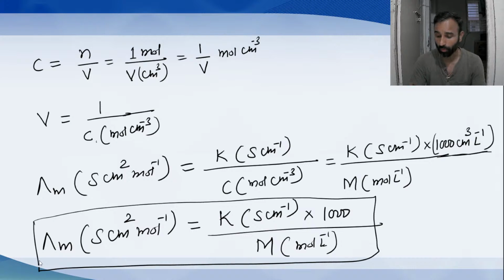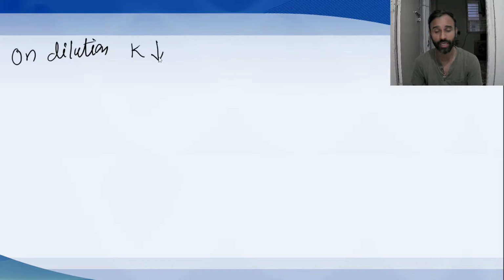Now, molar conductivity definition we have written. Now what is the variation with concentration? On dilution, you know, conductivity decreases, but what about volume? 1 mole of electrolyte is in V volume. When we dilute the solution, means we are adding solvent. Solute remains 1 mole, but solvent increases. That means V increases, but the volume increase is more.